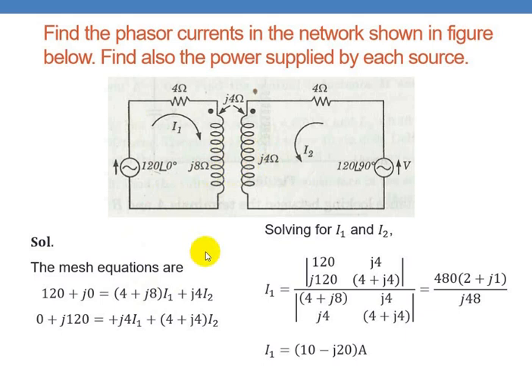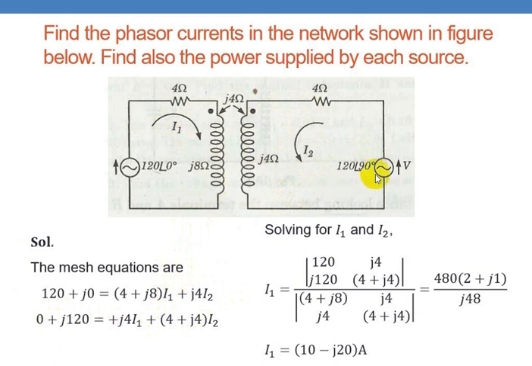So here you write the mutual inductance voltage drop. That is, J4 is the mutual reactance, and for this coil you have to consider the current in the other coil, I2. Now you see this sign: since I1 is entering the dotted terminal and I2 is also entering, you have to write plus here. This is the equation for this part of the circuit.